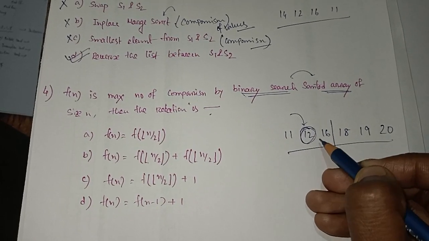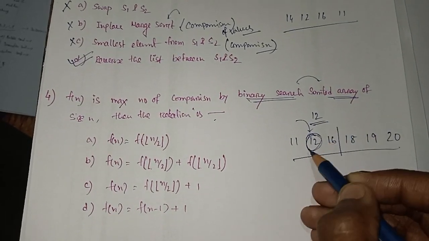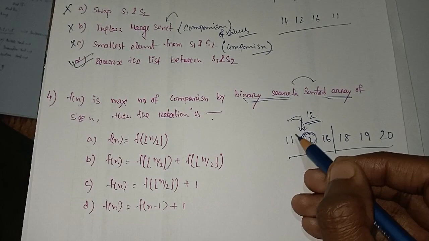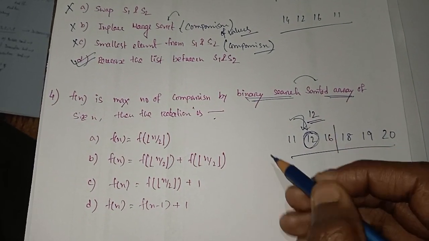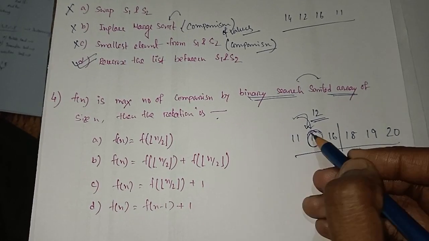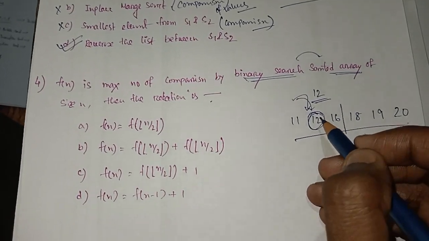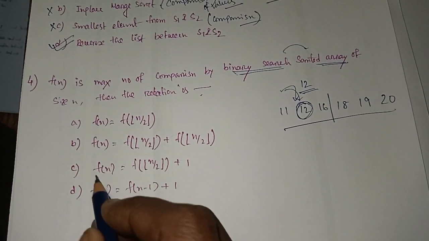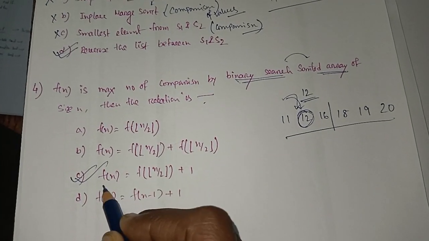If 12 is present in the list and we find it, then we have the answer. So we first divide the list into two parts, and then one comparison is needed. So for this question, the best answer is option C.